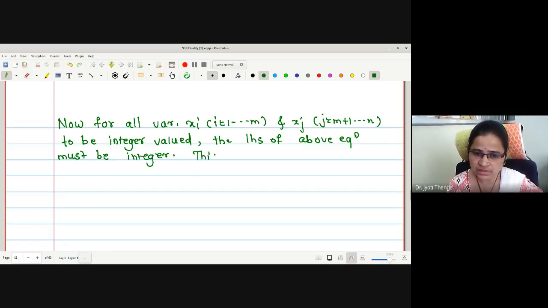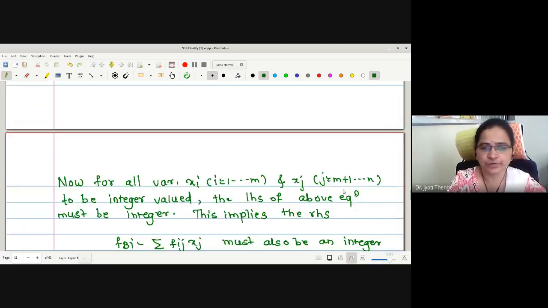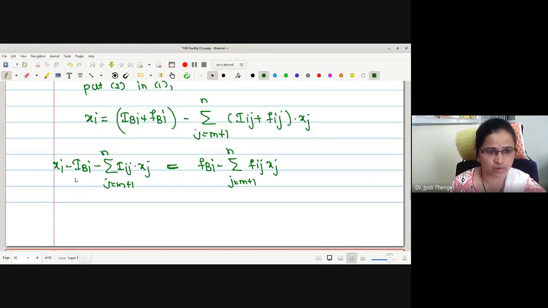This implies the right-hand side, fbi minus summation fij xj, must also be an integer. If you have a confusion, let me explain again.